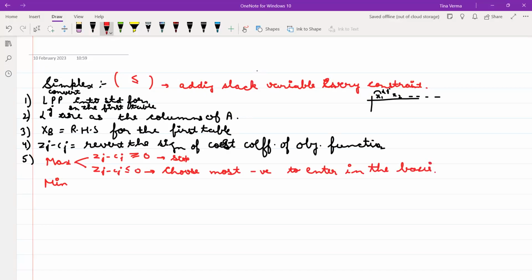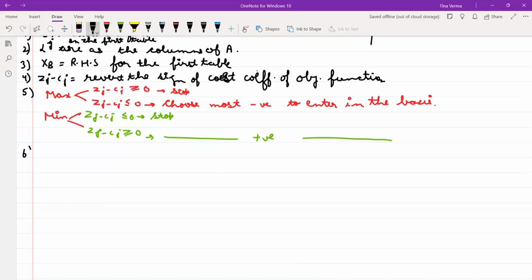The same you will do for the other case, just reversed. You will stop if your zj minus cj is less than or equal to 0. And if your zj minus cj is greater than or equal to 0 in the case of minimization, you will choose the most positive to enter in the basis, right?